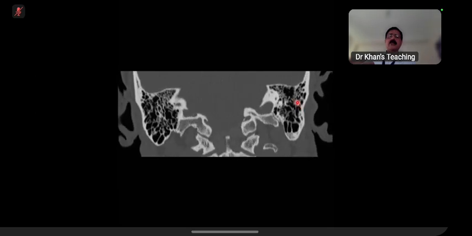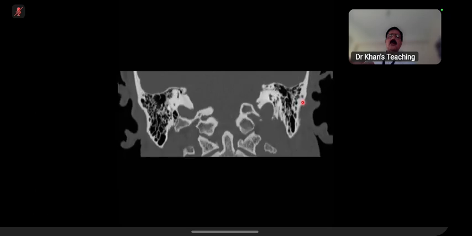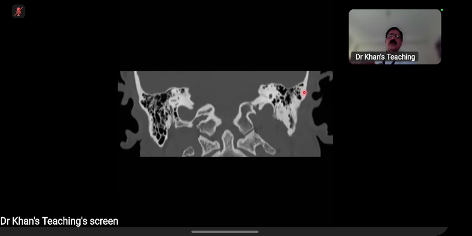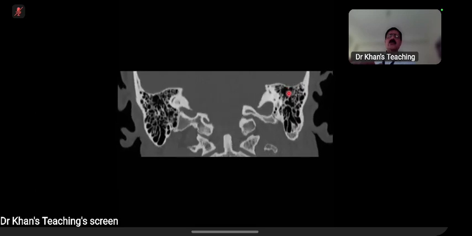This bone is known as tegmen mastoideum, because they will show you cases in which it will be eroded. On the other hand, this bone, which is superior to the middle ear, is tegmen tympani. So tegmen mastoideum, where mastoid cells are there. I'm going anteriorly, and this one is tegmen tympani.